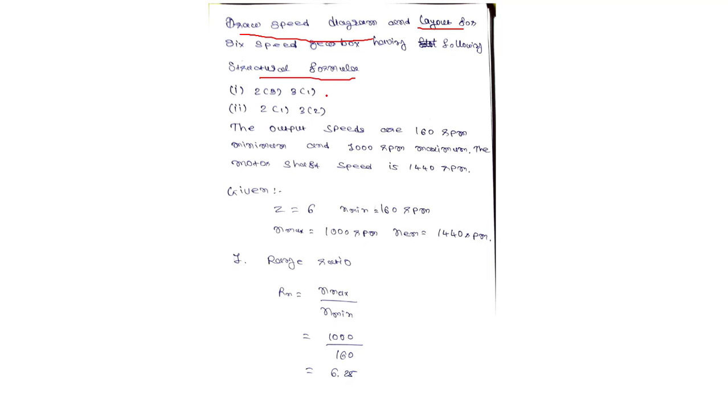It is 2331 2132. This is the structure formula we already discussed in our previous classes, and the output speeds are 160 rpm minimum and 1000 rpm maximum, and the motor shaft speed is 1440 rpm.